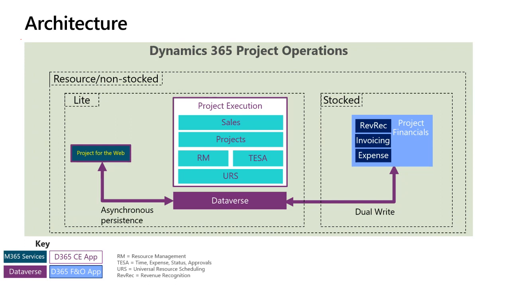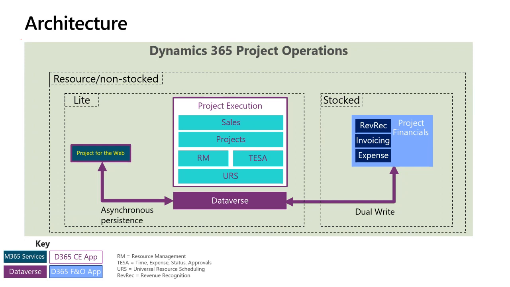You're probably quite familiar already with this diagram that shows the three deployment types as well as the components that are part of each one. As mentioned in the beginning, we won't be going into details, but it is worth reminding everyone that the light version of Project Operations makes use of Dataverse only and the Project for the web engine for schedule management.